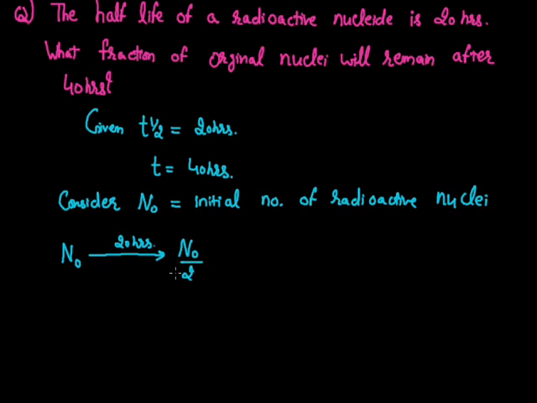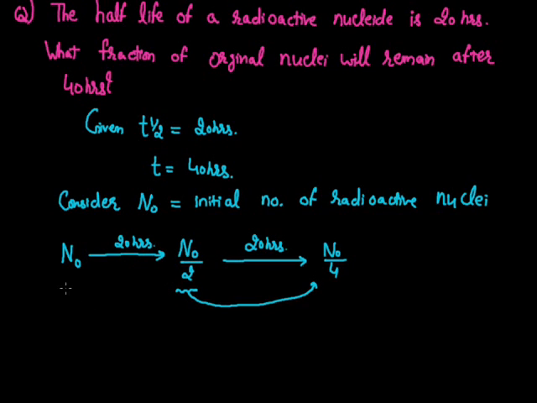If this radioactive substance with amount N0 by 2 further undergoes disintegration, then within another 20 hours, the half-life period, it will again disintegrate and remain half of its initial value. The initial value is N0 by 2 here, and now it will decay to half of this, so the value left will be N0 by 4.